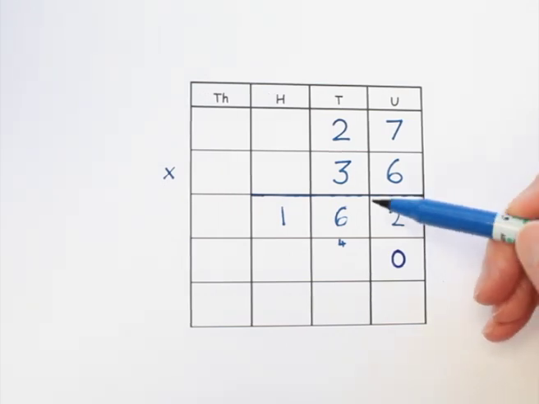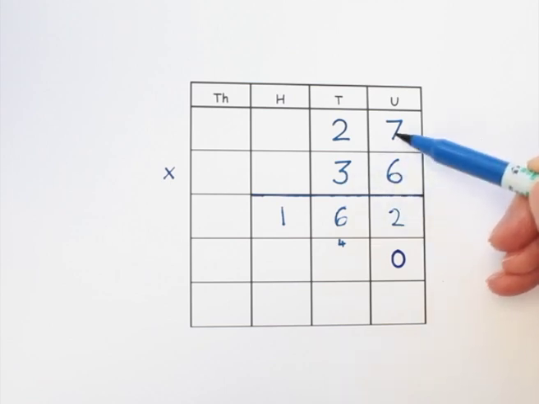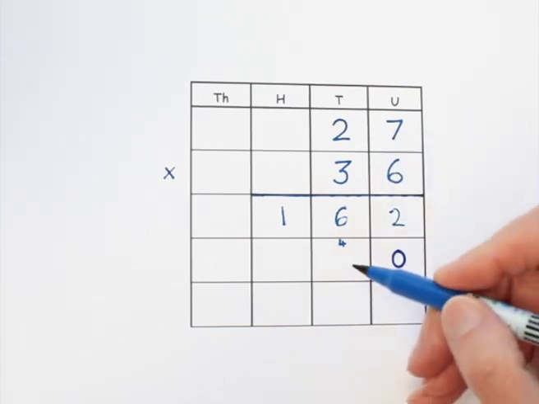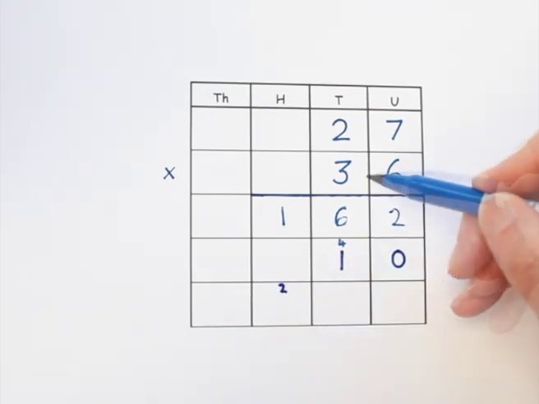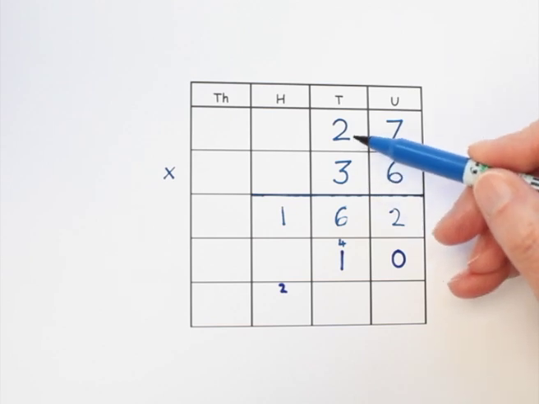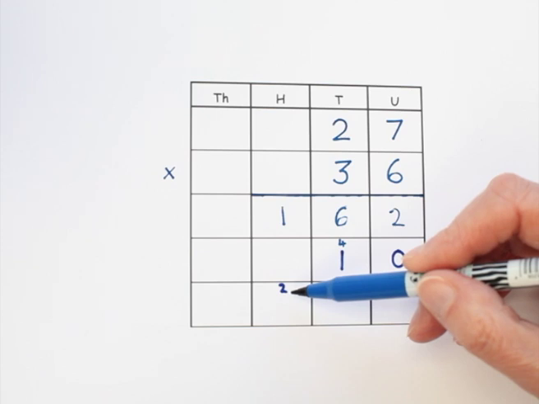So, multiplying the numbers in the top row by the 3, you do 3 times 7, which is 21, 1, carry a little 2. Now 3 times 2, which is 6, plus this 2 here, which gives 8.